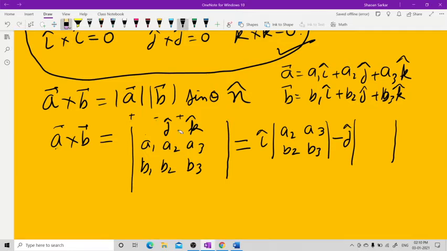Now let me write here I cap. Now I will do one thing. I will cross this line and I'll cross this line. What are you seeing? You are seeing A1, A3, and B1, B3. Now this is a plus sign, plus K cap.